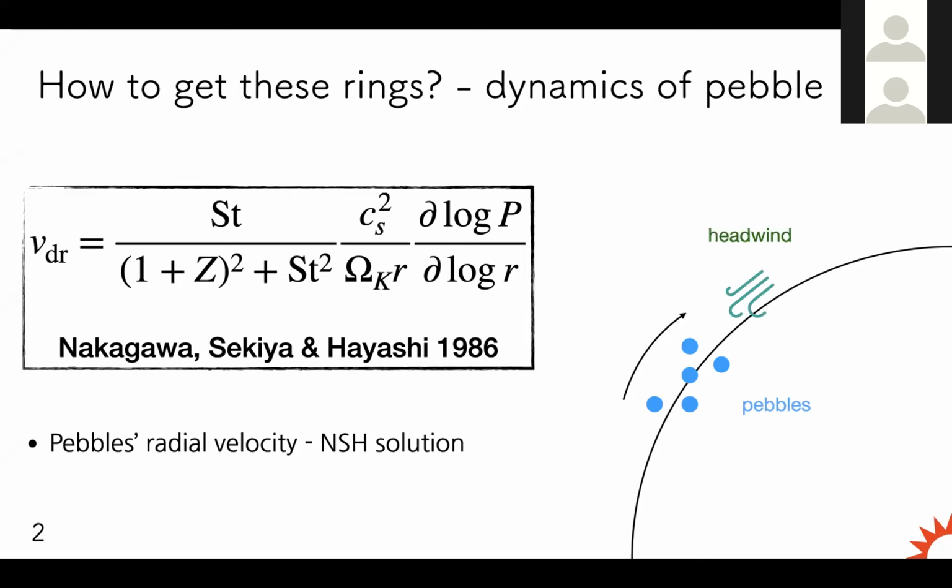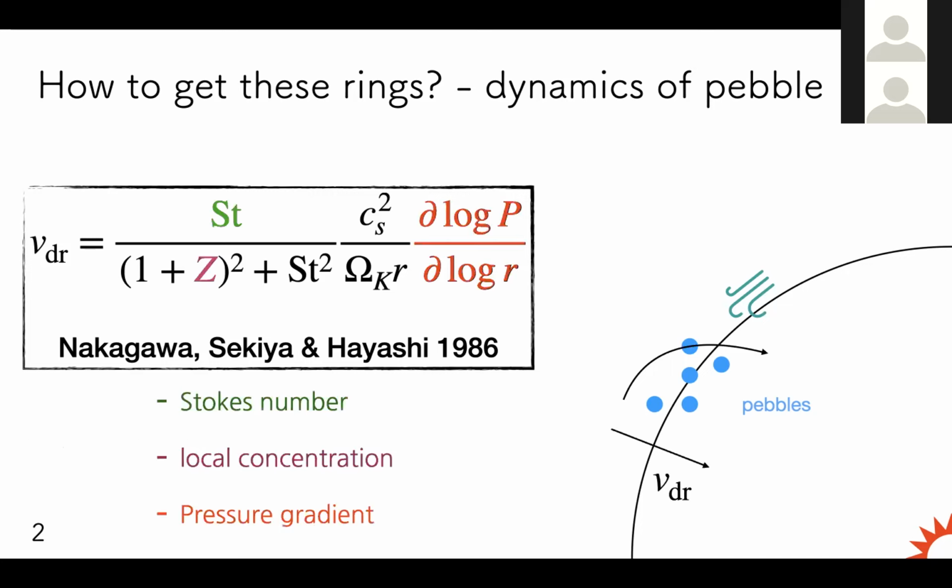They will be dragged back by the gas, lose angular momentum, and spiral towards the sun. For such a process, you get a radial velocity as described by the equation here.